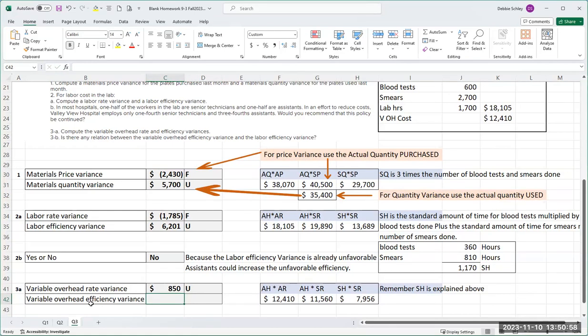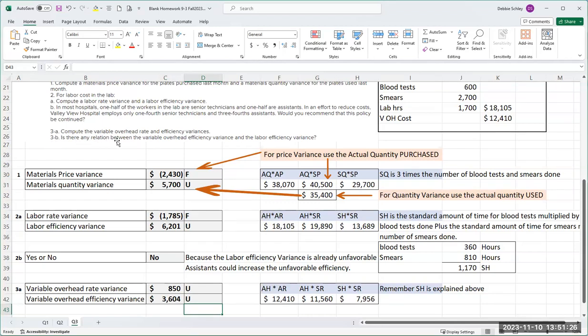Variable overhead efficiency variance would be the middle minus the third. So equals AH times SR minus SH times SR. And these are my actual hours. These are my standard hours. What actually happened is more than what was standard, what I expected. And so that is, again, unfavorable.